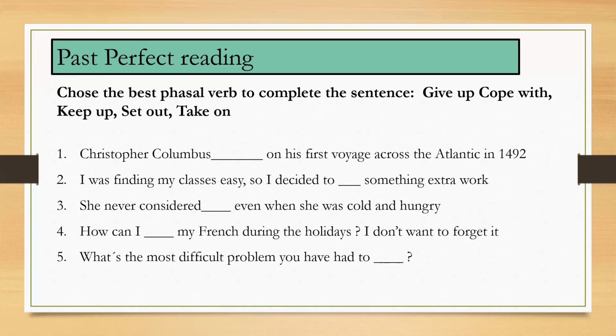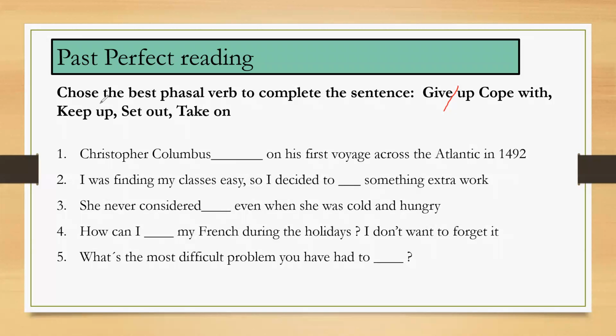Okay, let's discard. Okay, it is not give up, because he didn't give up on the voyage. He probably dealt with some difficulties. So let's not discard this. Keep up couldn't be, because keep up is to continue.